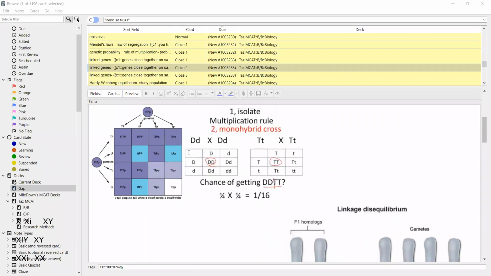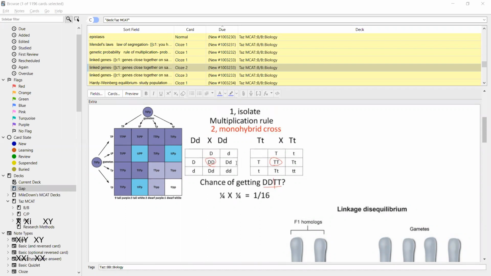What I mean is that if you did this all out and counted the boxes, you would see that there's 1 out of 16 boxes. But technically this whole giant dihybrid cross is just these things multiplied. I think it's like matrix multiplication or something like that.